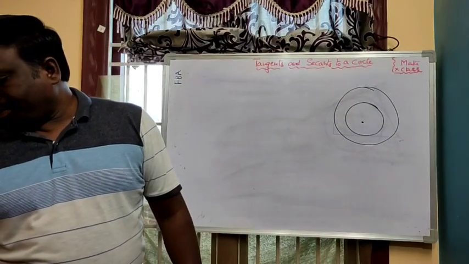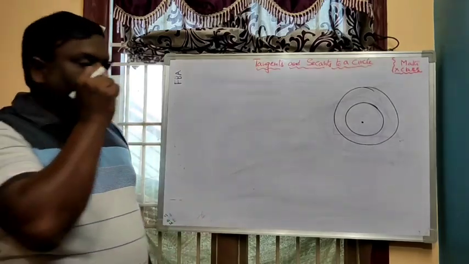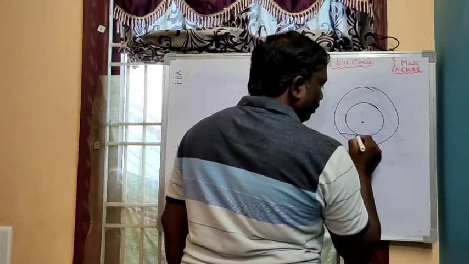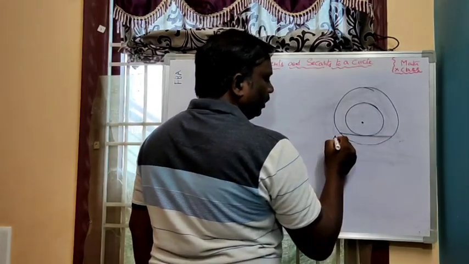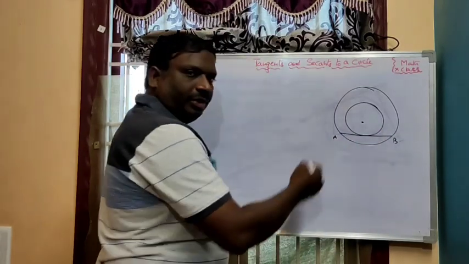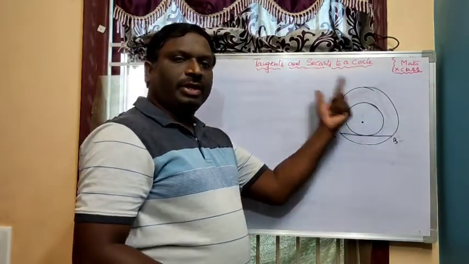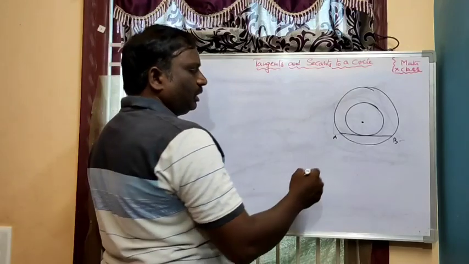We need to find the length of the chord of the larger circle which touches the smaller circle, the total length AB.